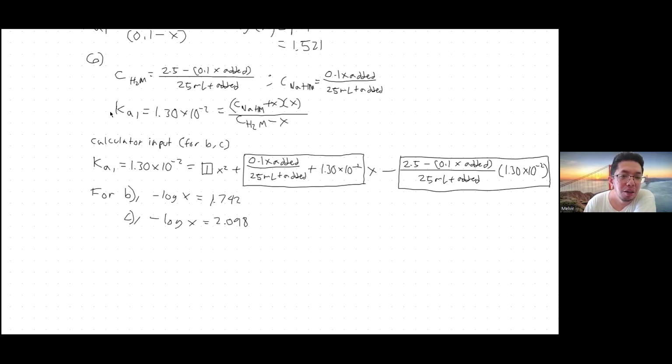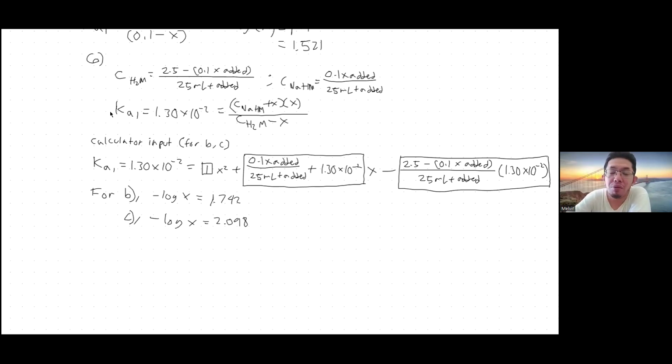Okay? So, for letter A, you have your volume of your titrant is equal to 0. So, it means, Josh, kailangan habang sinosolve natin to, you need also to understand what's happening in the species.